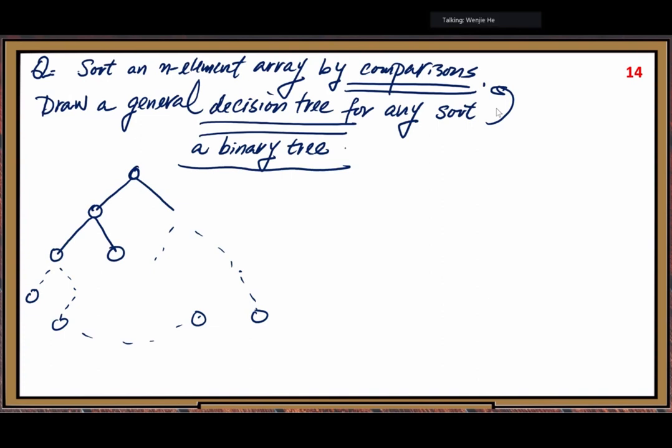In this decision tree, what's the meaning of each leaf?